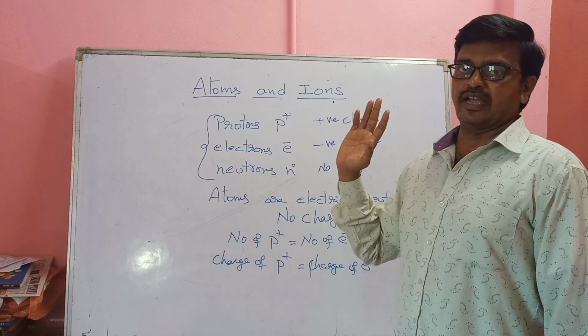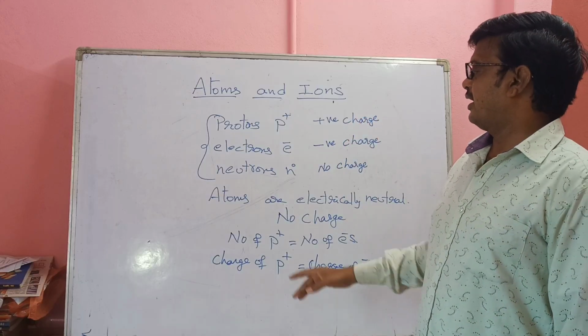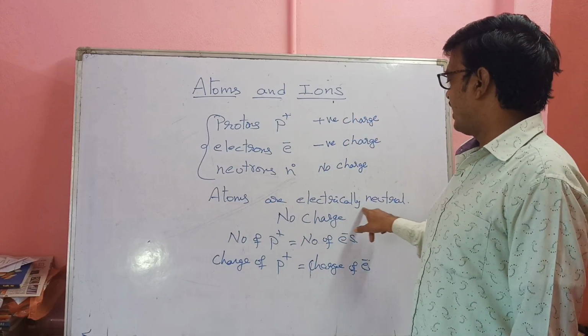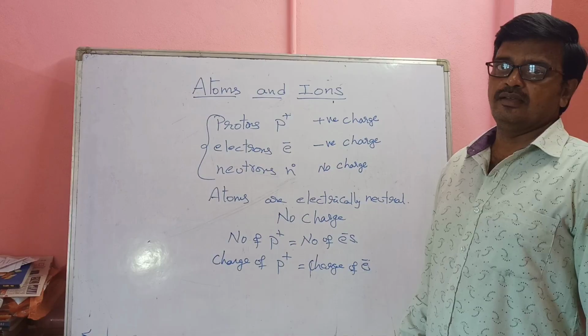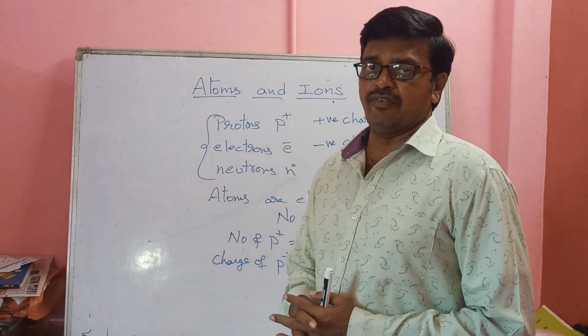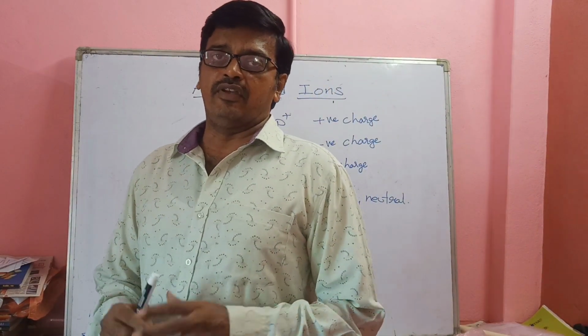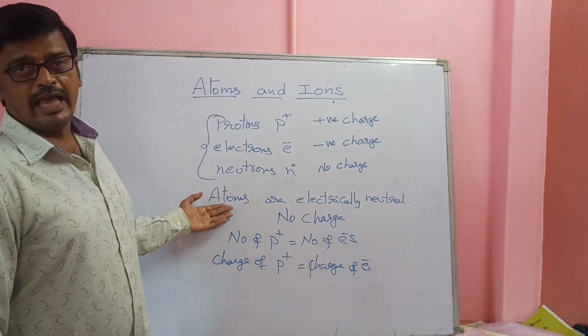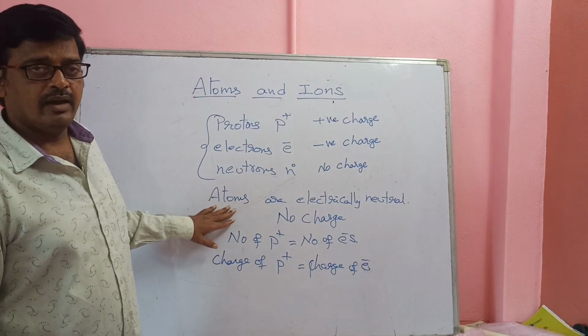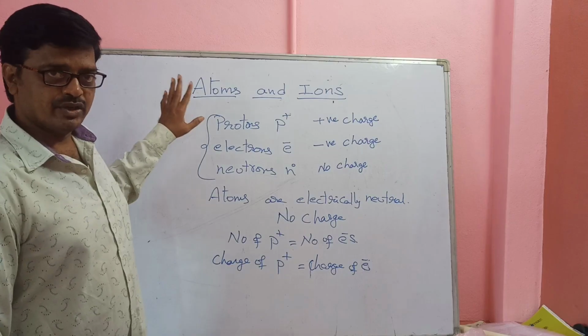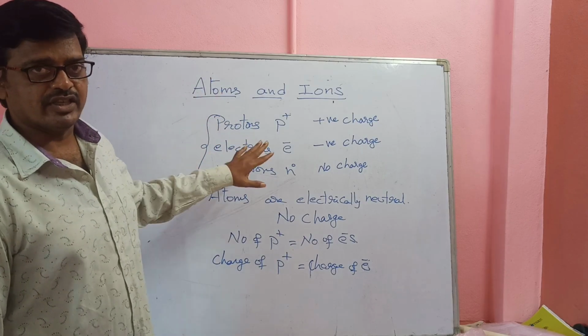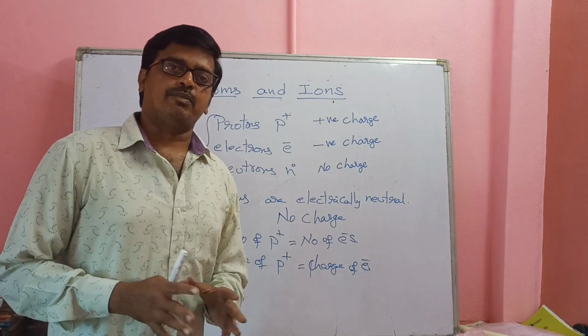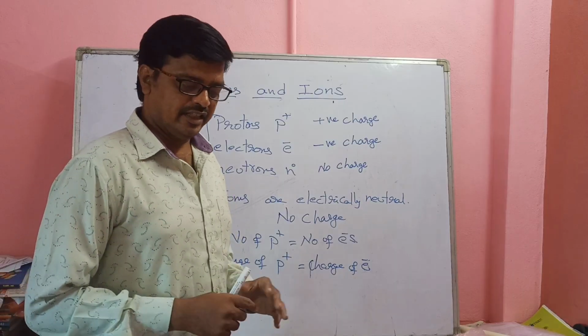Yet again we are saying atoms are electrically neutral. Now I will ask you a simple question: we say atoms are electrically neutral, but an atom contains positively charged particles and negatively charged particles. How is it possible?